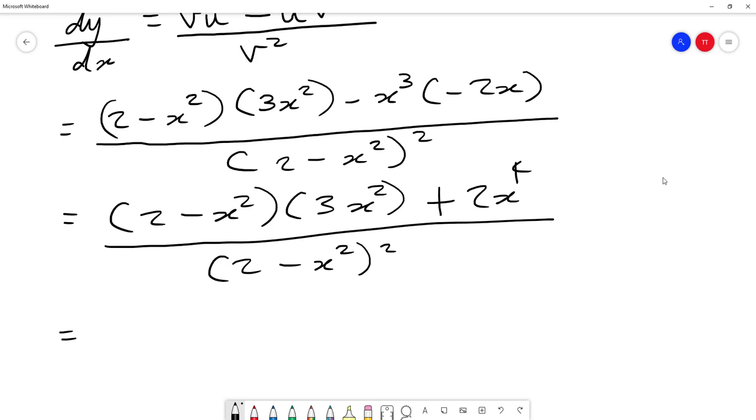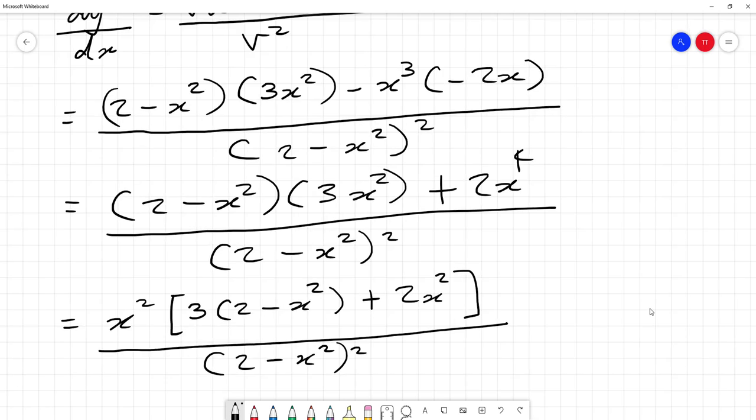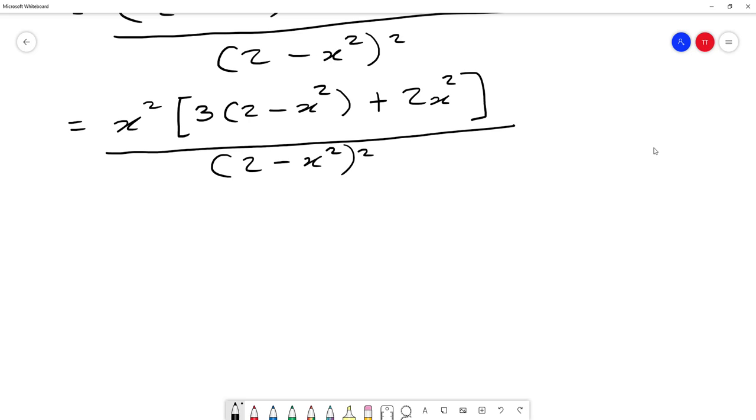Now I can see that x squared is going to be a common factor here. So I get x squared times 3 times 2 minus x squared, then plus 2 times x squared, in square brackets, and on the denominator I get 2 minus x squared all squared.